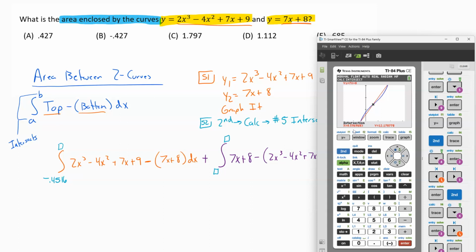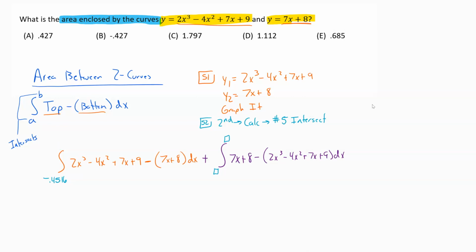The interesting thing about this one is it is the upper bound for that first region, but it is also the lower bound of the second region. So we'll replace that with 0.5969, and we're going to replace this with 0.5969. And now we just need to find that last bound.